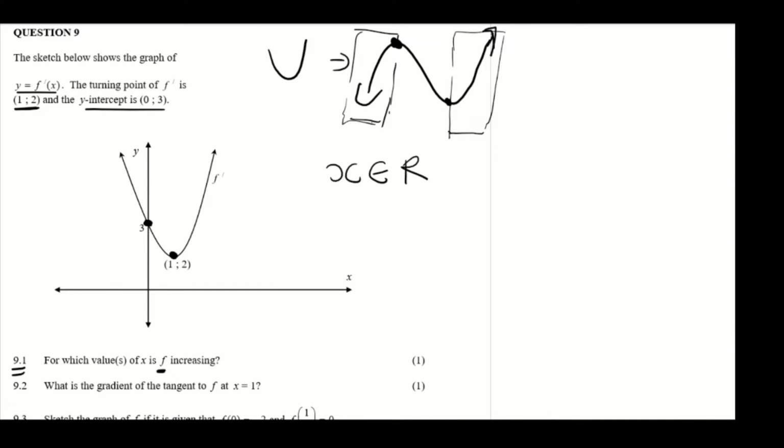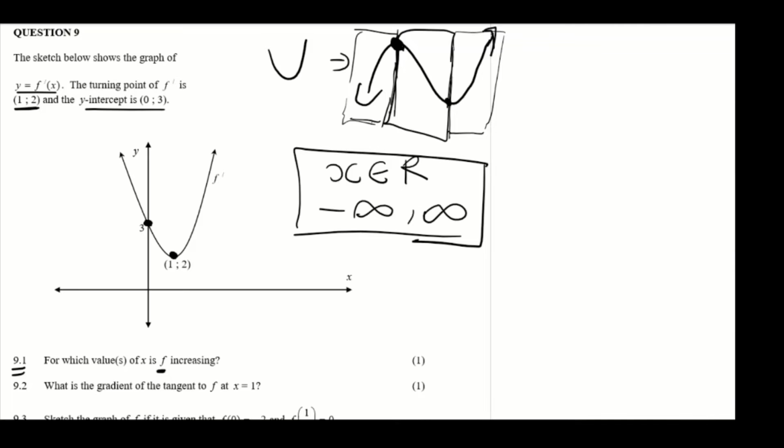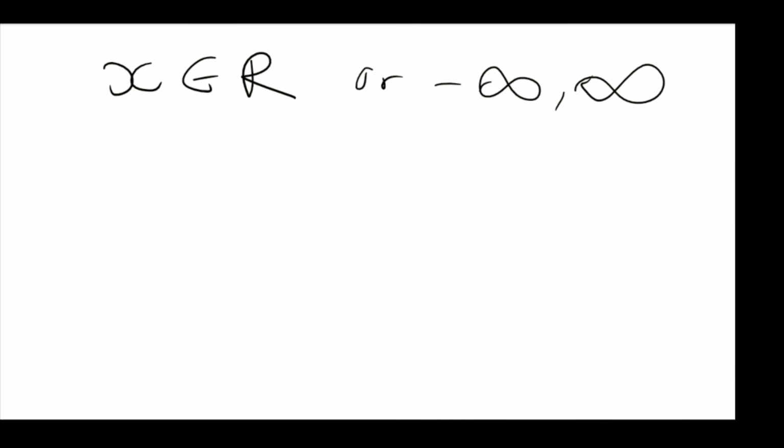Hence, the graph of f increases from negative infinity to positive infinity, excluding the middle point between the two turning points. So you can simply write your answer as x is an element of the real numbers, or from negative infinity to positive infinity.